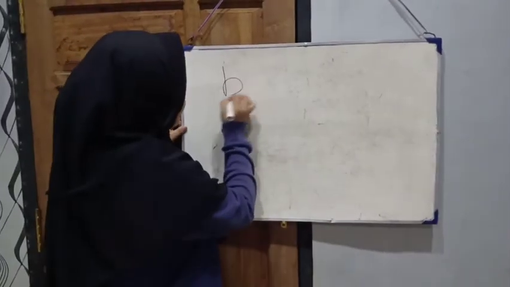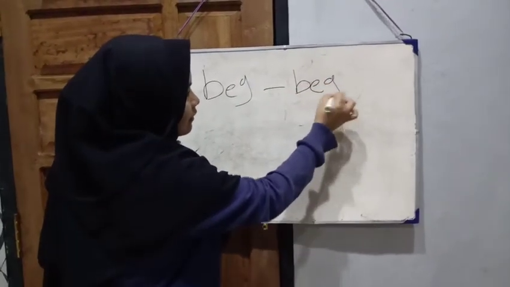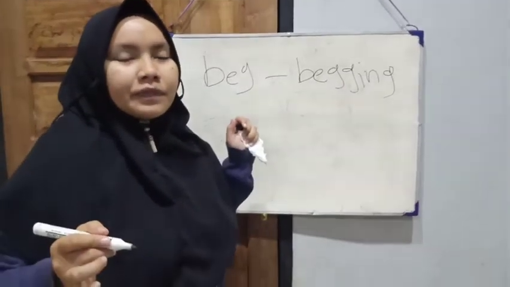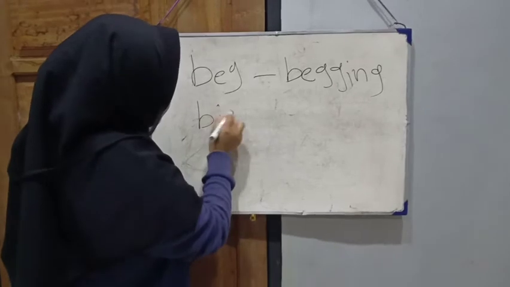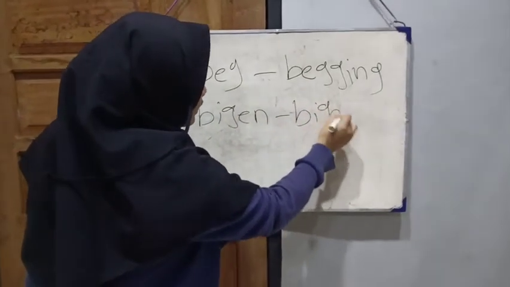And then for a verb whose last syllable is written with a consonant, vowel, consonant, and is stressed, double the last letter before adding -ing. For example, bake to baking, and begin to beginning.